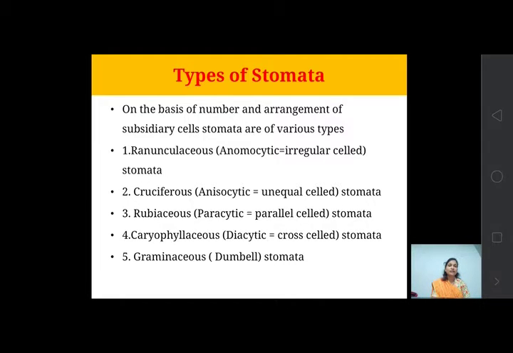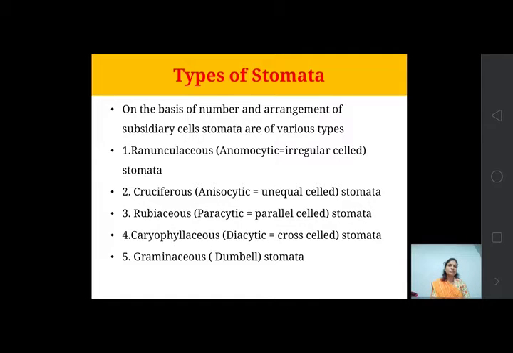Then the next is rubiaceous. Again the same is the case: the Rubiaceae family shows this type of stomata, which is also known as paracytic or parallel celled stomata. Then the fourth one is Caryophyllaceous stomata, found in the Caryophyllaceae family, also known as diacytic or cross-celled stomata.